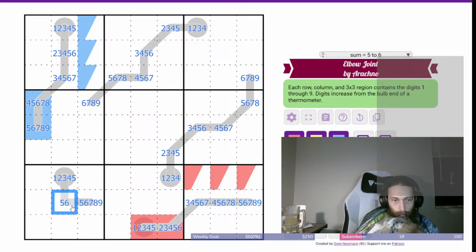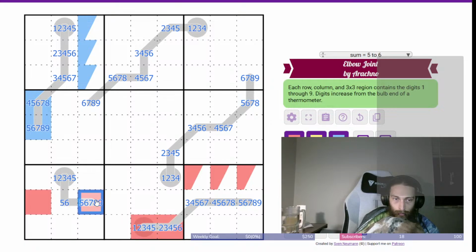Right. So then, can this be a 6? Because if I make these both red, then that can't be a 6, because it's the smaller of these two. If I make it not red, then if that's a 6, well then this won't work, because max red is 6.